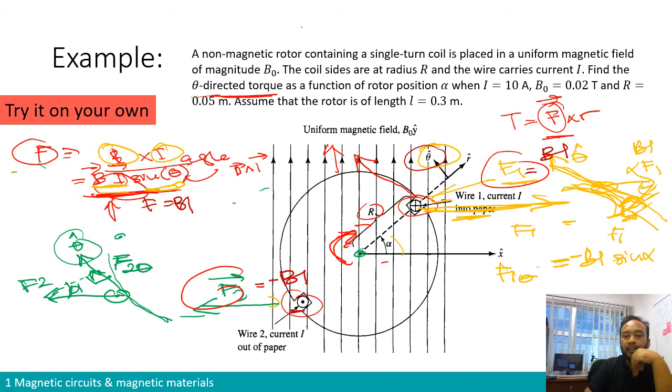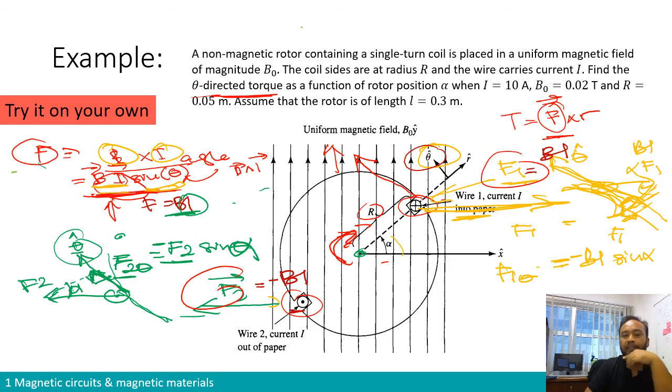So we're going to find out that F2 theta is equal to F2 sine alpha. And we know that F2, just like previously, also equals BI, but now I is negative, so we'll have minus F2 in the direction of F2. F2 now is in the positive direction of theta, so we don't have to put negative again.